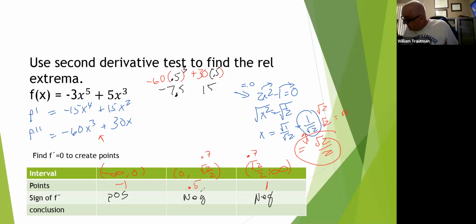I think I did, oh no, I did the second derivative correct. Something is not right on this problem. Give me one second. Using the second derivative test.